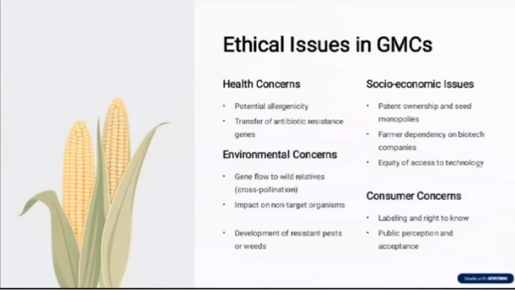It can cause what? Dependency on biotechnical companies. It also causes what? Monopolies, whereby the people that first made that genetically modified seed can dominate that space. That's called patent rights. No other company will be allowed to produce it except them. And it can channel economic power to them alone, which is not good.